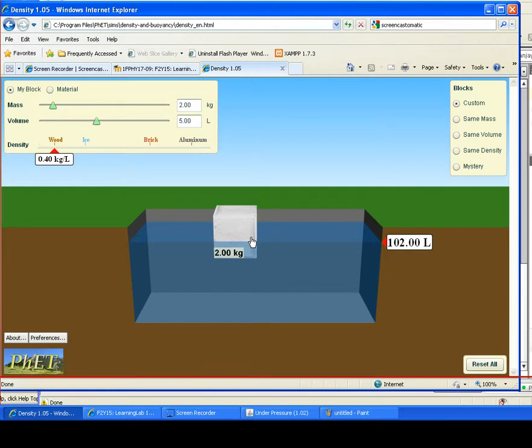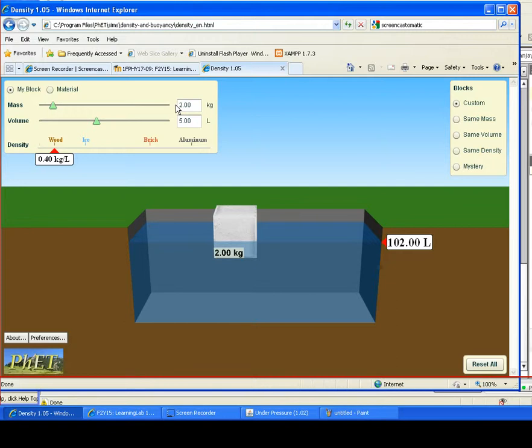Alright, now what can we do? What will happen if I enter 4 kilograms here? What's likely to happen? What will be the volume of water displaced? It will sink further into the water clearly, but will it sink all the way?